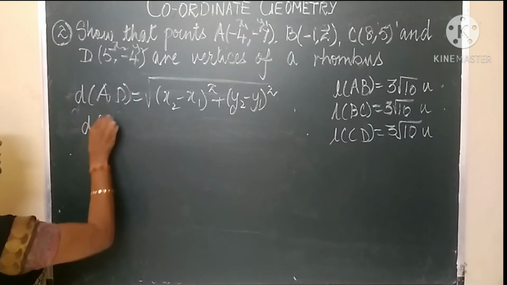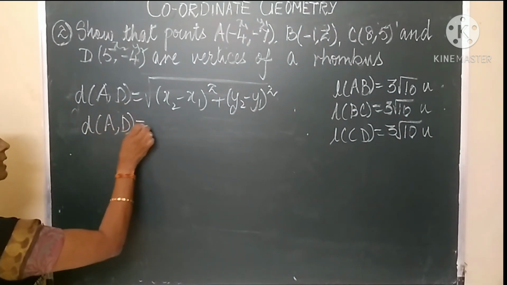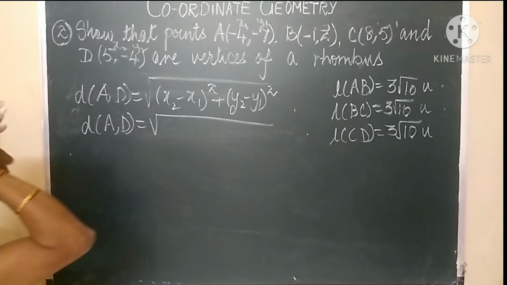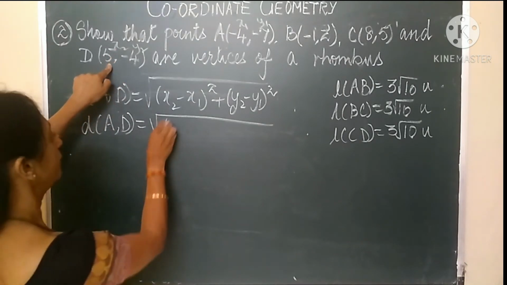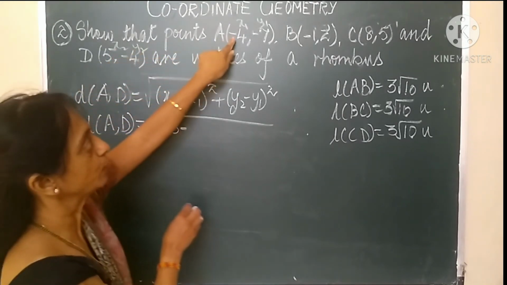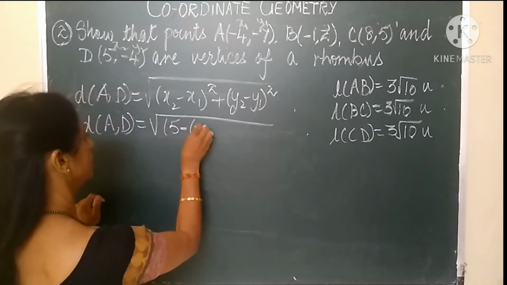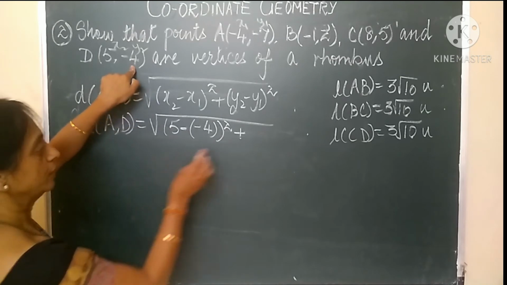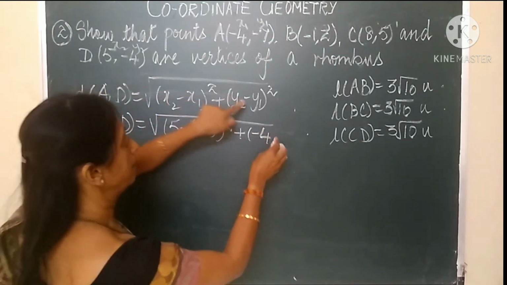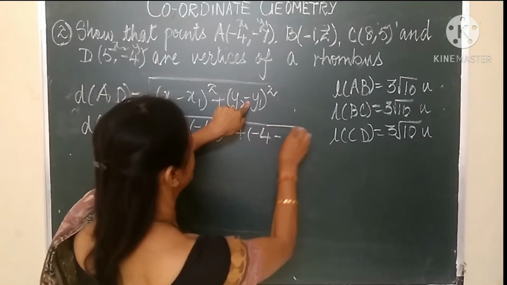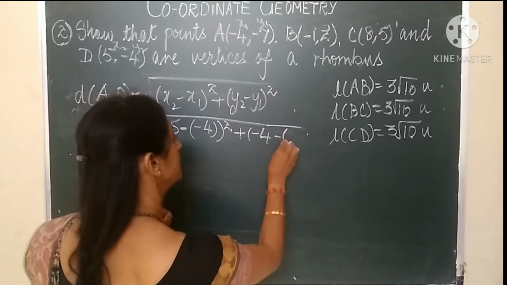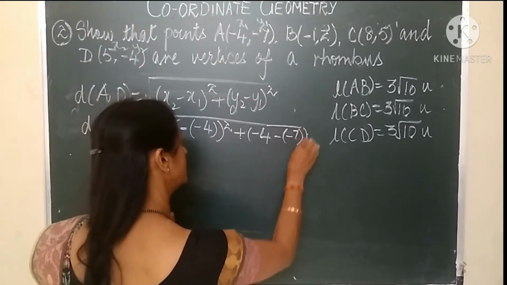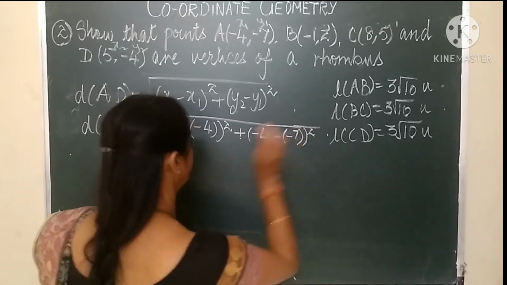To begin with, distance AD will be equal to x2, x2 is 5 minus x1 is minus 4. The whole square plus y2 is minus 4 minus y1 is again minus 7. So let's put it correctly inside the bracket.